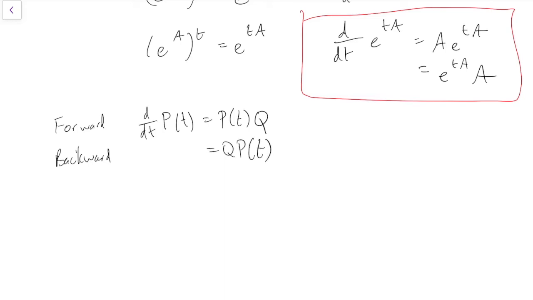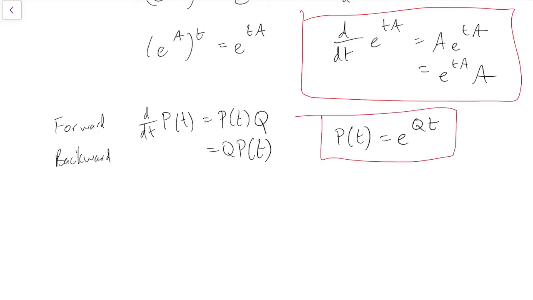But if we compare that to what we have in the red box, I think we can see that if we set P of t equals e to the Qt, then when we differentiate it, we just get a Q in front, or if we prefer, a Q out the back, and those are the forward and backward equations. So in fact, this matrix exponential, P of t equals e to the Qt, solves the forward and backward equations.